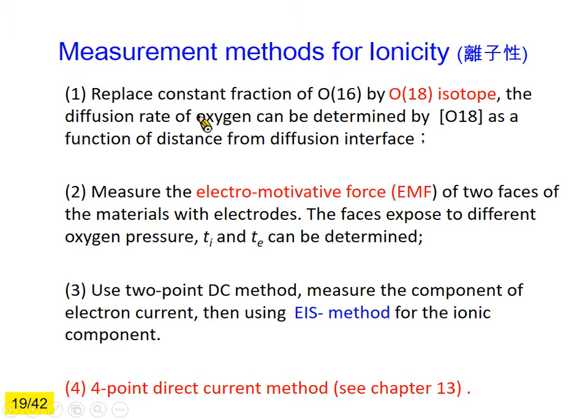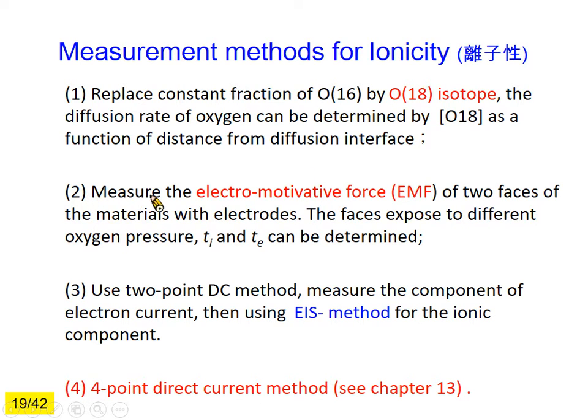The experiment replaces a constant fraction of oxygen 16 by the oxygen 18 isotope, then measures the diffusion rate of the oxygen from the air. So the electrolyte can have some oxygen 18 after the high temperature operation. Once we can measure oxygen 18 as a function of distance from the diffusion interface, we will be able to measure the diffusivity of the oxygen ions.